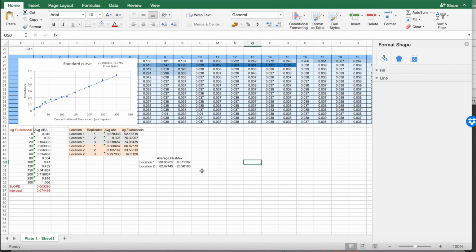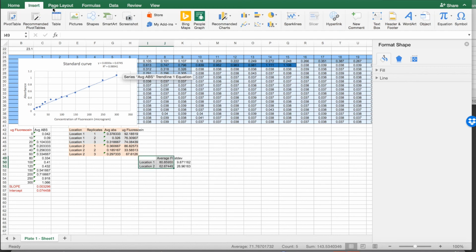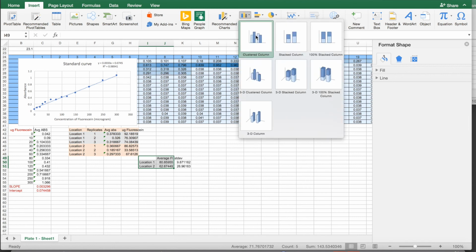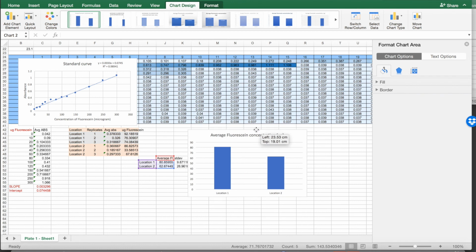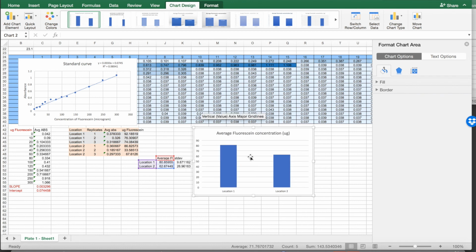So now what we're gonna do, we're gonna create the bar graph, correct? So let's select here just the average and the locations, go under insert, bar graph, and we already have the label for location 1, location 2. It looks like location 1 has a much higher activity concentration than location 2, correct?